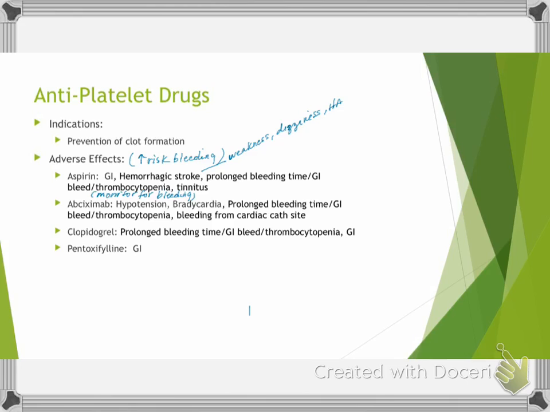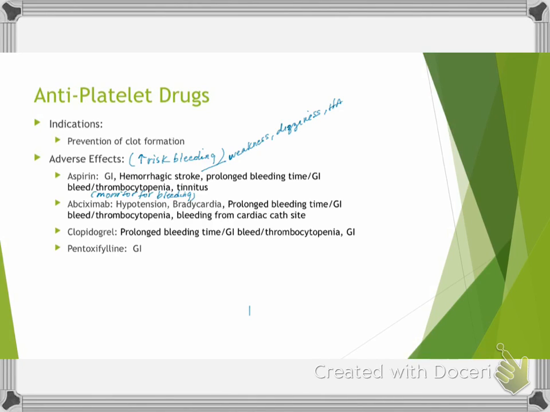Abciximab causes hypotension, bradycardia, so we want to monitor blood pressure and heart rate. Prolonged bleeding time and GI bleed, thrombocytopenia, so again monitor for signs and symptoms of bleeding. Bleeding from any cardiac cath site, so we want to monitor the site and hold pressure to the site.